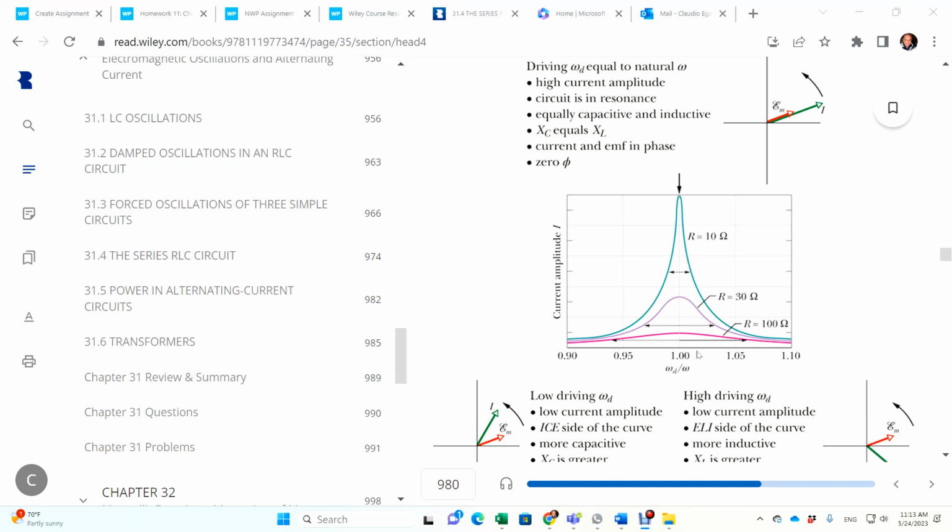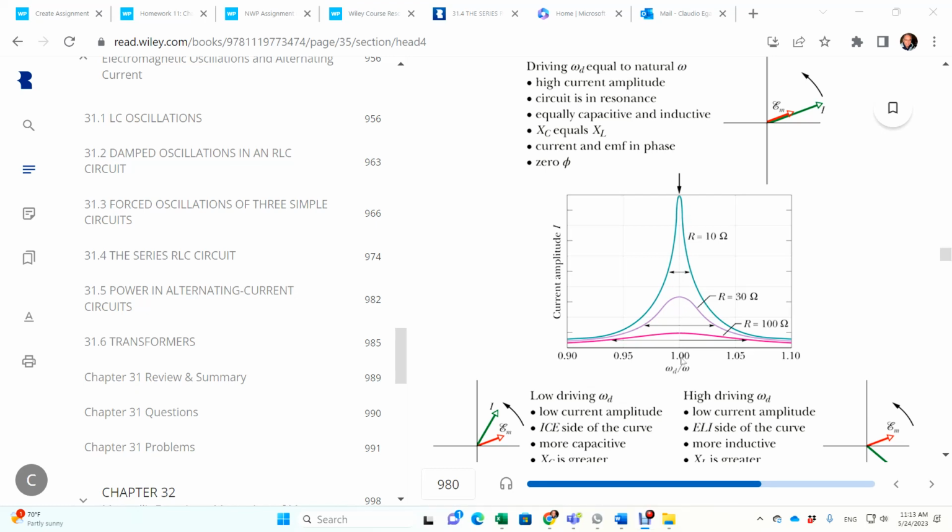This is important because if you have a circuit operating exactly at this frequency, a radio, for example, a transmitter transmitting electromagnetic signals exactly at this frequency.